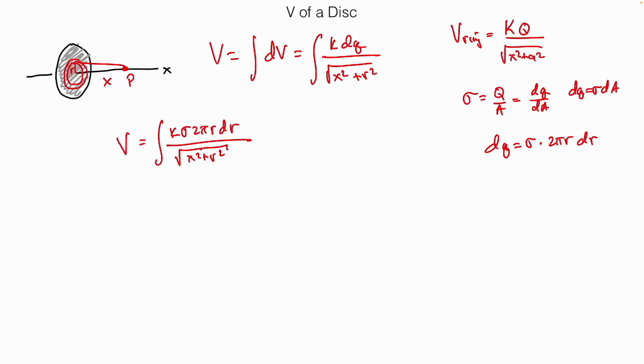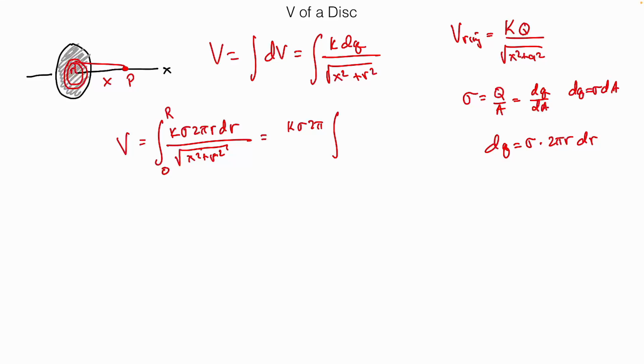All right, so what are my limits? Start at 0 and go all the way out to whatever the radius of my disk is. Constants: k, sigma, 2 pi.